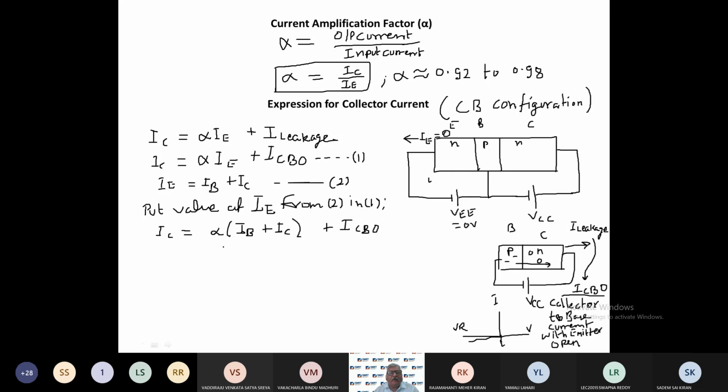Right? Now we will open this bracket and take the IC component towards the left side and take IC common. So what we will get?